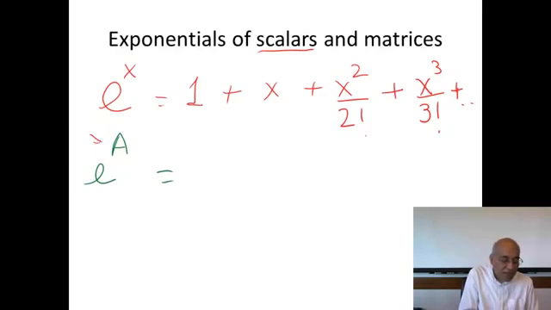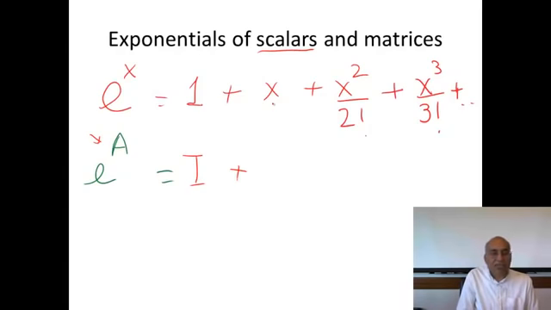Here A is some matrix. It's kind of a moral equivalent of this formula. But instead of 1, what is 1 in the space of matrices? Well, multiplying by 1 leaves the number unchanged. Multiplying by what matrix leaves a matrix unchanged? It's the identity matrix.